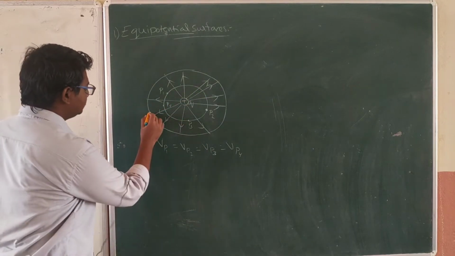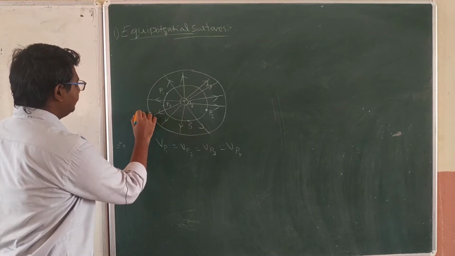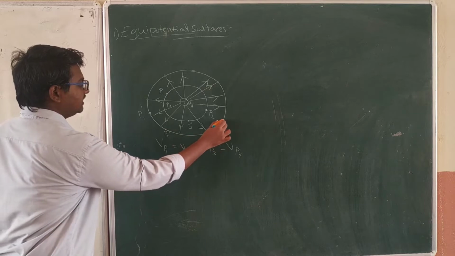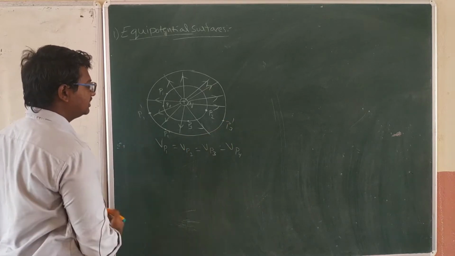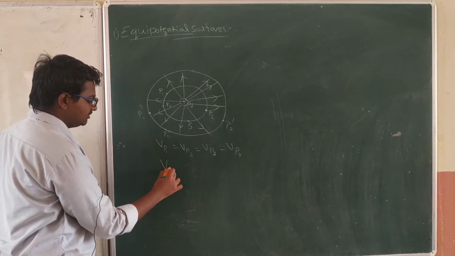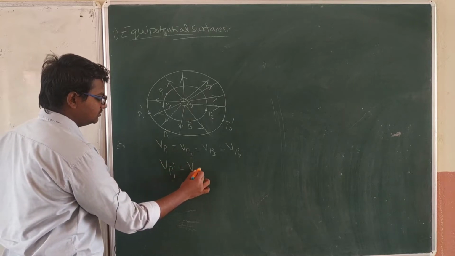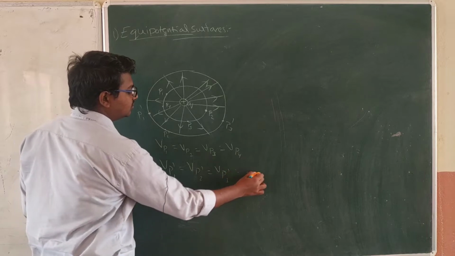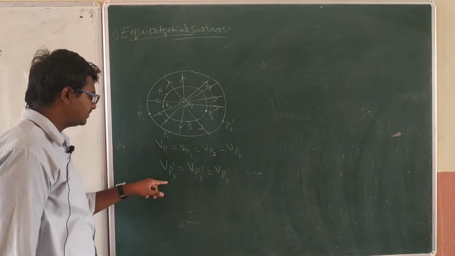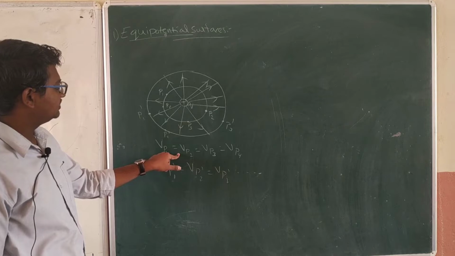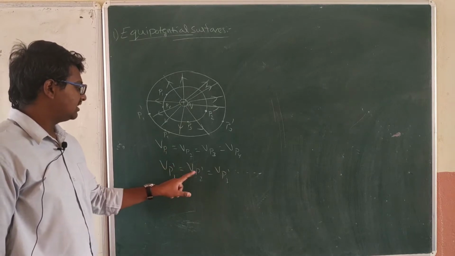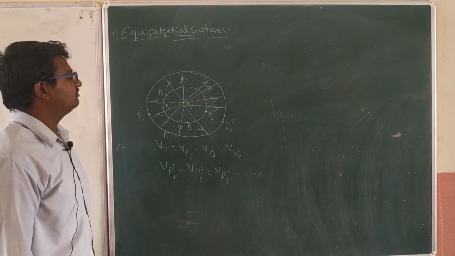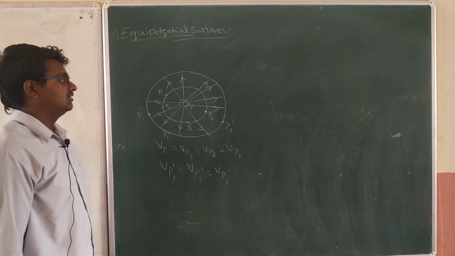For example, again here you can consider P1 dash, P2 dash, and another point P3 dash, arbitrarily. It means Vp1 dash equals Vp2 dash equals Vp3 dash, and so on. This is the inside concentric sphere, and this is the outside concentric sphere.